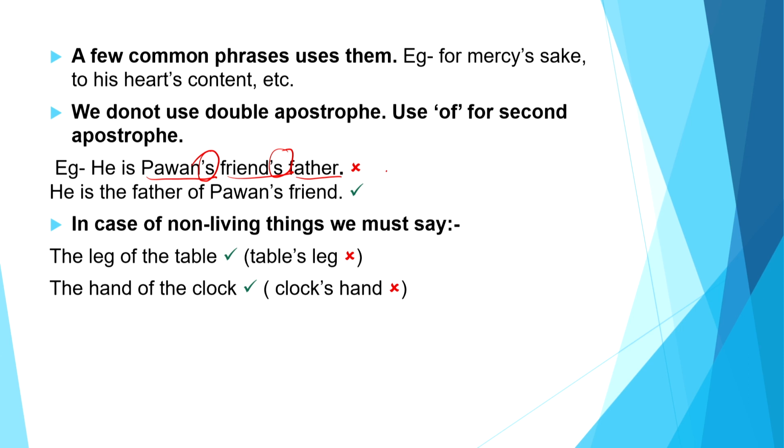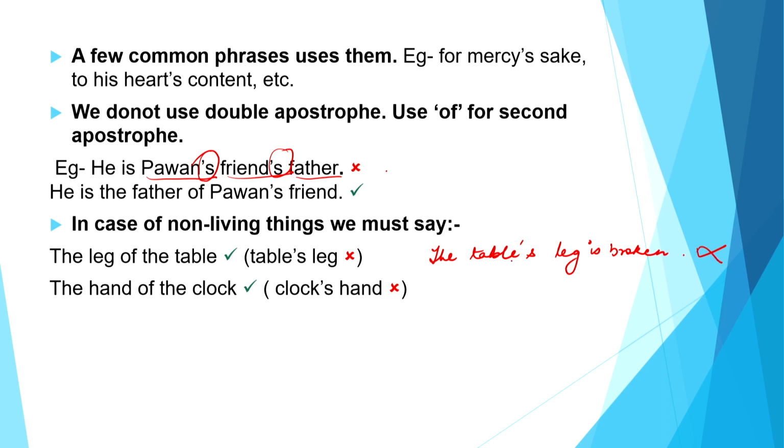Now, in the case of non-living things, we must say, "The leg of the table is broken." It is very important, keep this in mind. Generally, if a sentence is given, "The table's leg is broken," people consider this to be correct.